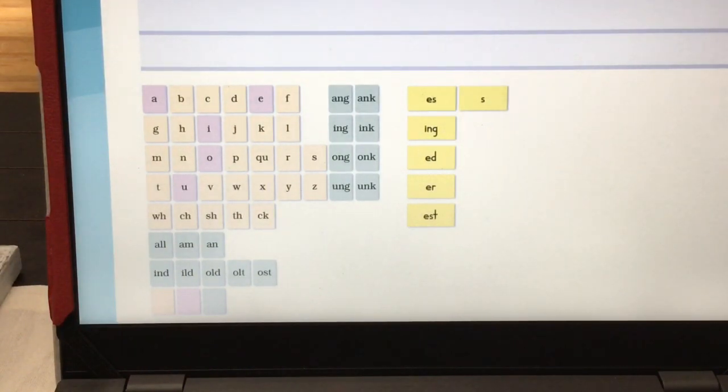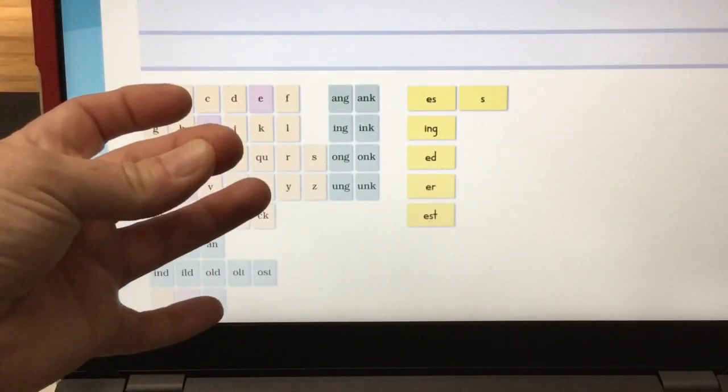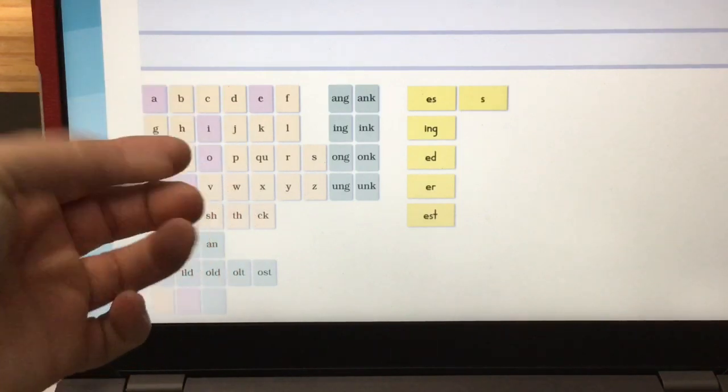ES can also make a word plural. All right, let's tap the word box. Like when I moved into my house, I felt like I had one box after another to unpack. Box. So let's tap it. B, A, X. Box.